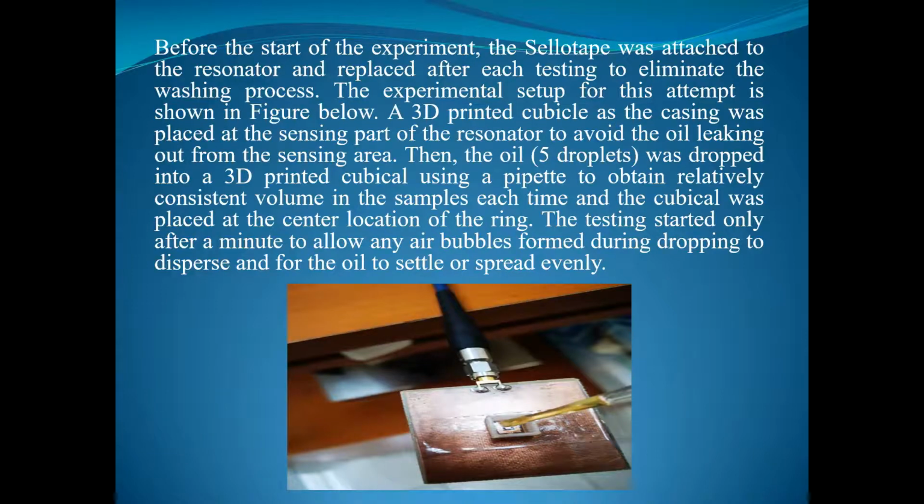Then, 5 drops of oil are dropped into the 3D printed cubicle using a pipette to obtain a relatively consistent volume in each sample, and the cubicle was placed at the center of the ring. The testing started only after a minute to allow any bubbles formed during the dropping to disperse, and for the oil to settle evenly.